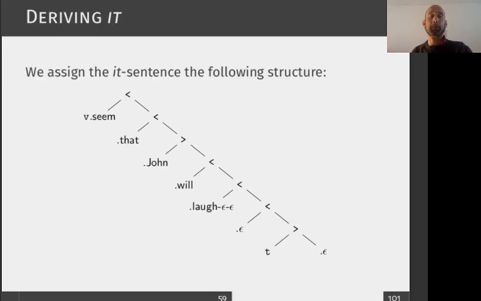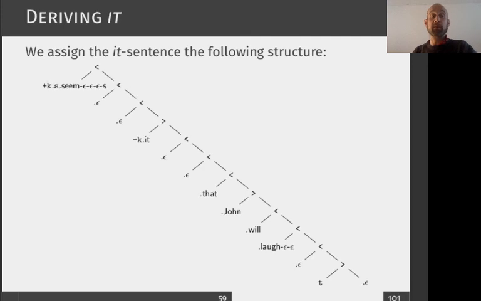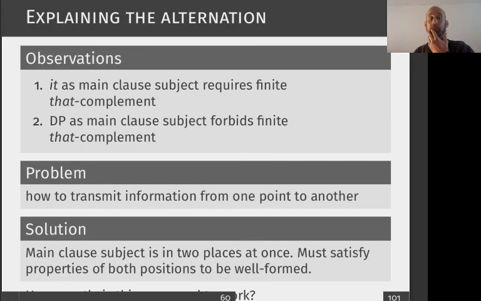Okay? So, how do we derive our it sentence? Well, we have seem that John will laugh. We adjoin an it. We head move our seem up a bit. We add a present tense, and then we move our it. So it as a main clause subject requires a finite that complement.